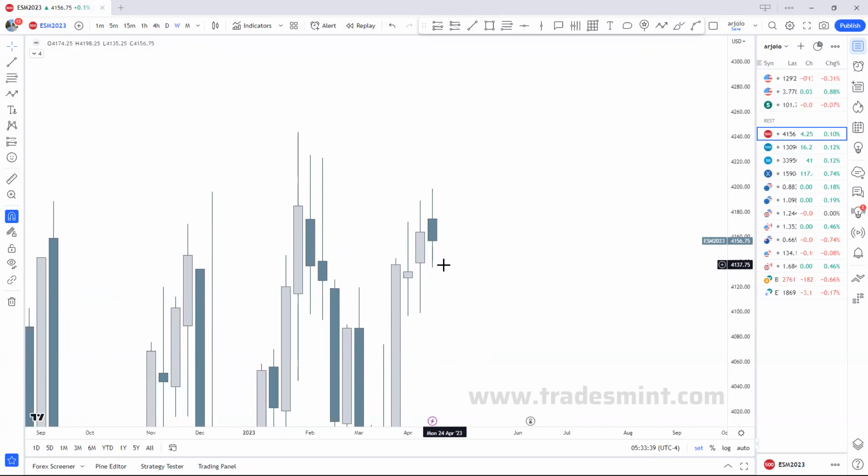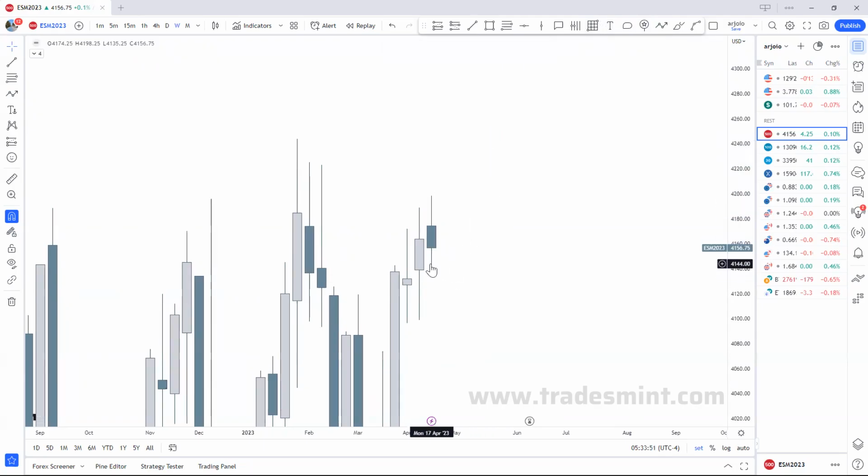It's very unreasonable, because it would need to come all the way back down here, sweep it and then continue higher. Now, if the close was lower, somewhere around here, close to the previous week low, it would be more reasonable.